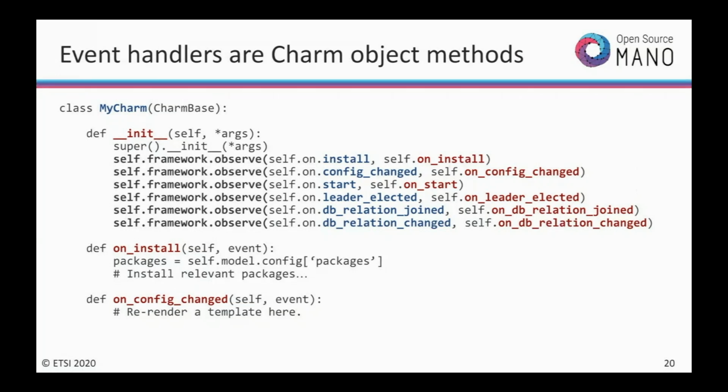For example, the install method might go and get a Windows package or a CentOS package, or in Kubernetes, it might launch a workload container. A config changed method in Linux might rewrite a configuration file and restart the application. In Kubernetes, it might ask Kubernetes to restart all the containers with a different set of environment variables.